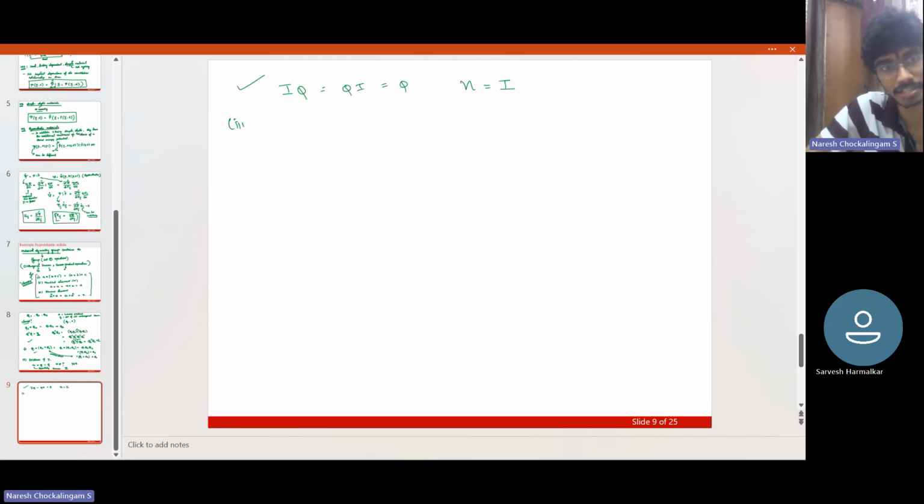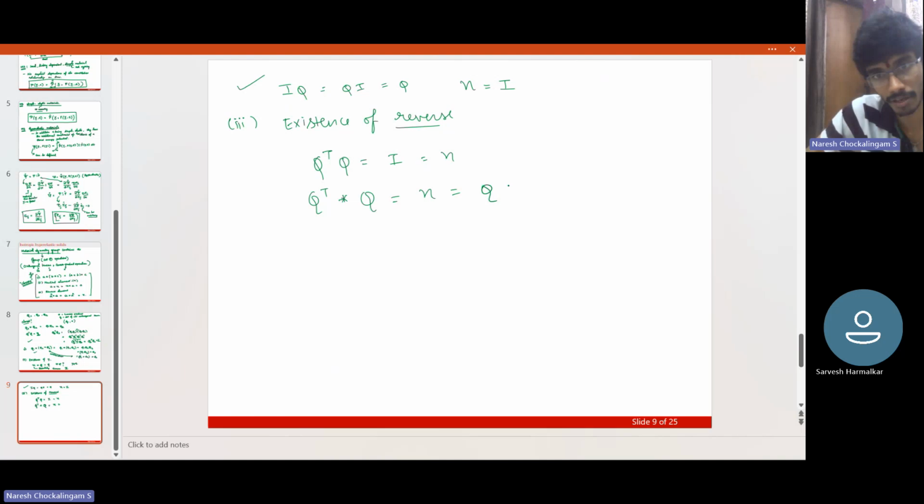What about the third condition? The third condition is existence of a reverse, actually an inverse. In general, for groups, we call it the reverse. So do we have a reverse? Yes. Q transpose Q is I, which is n. So Q transpose operating on Q is equal to n.